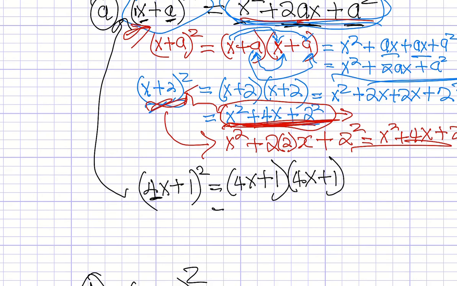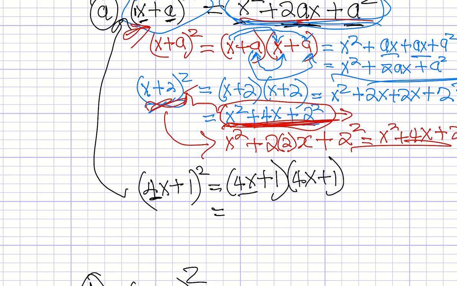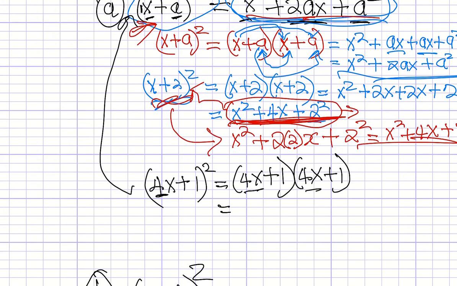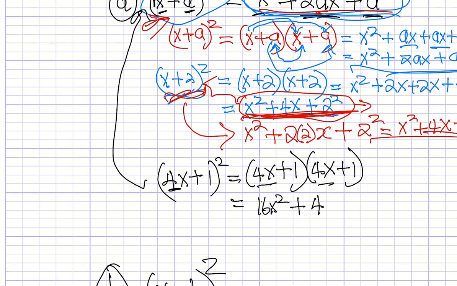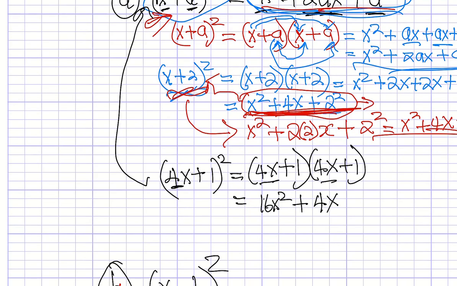You multiply that out. 4x times 4x is 16x squared, right? Plus 4x times 1, you get 4x. And then you start with 1: 1 times 4x is 4x. 1 times 1 is 1.